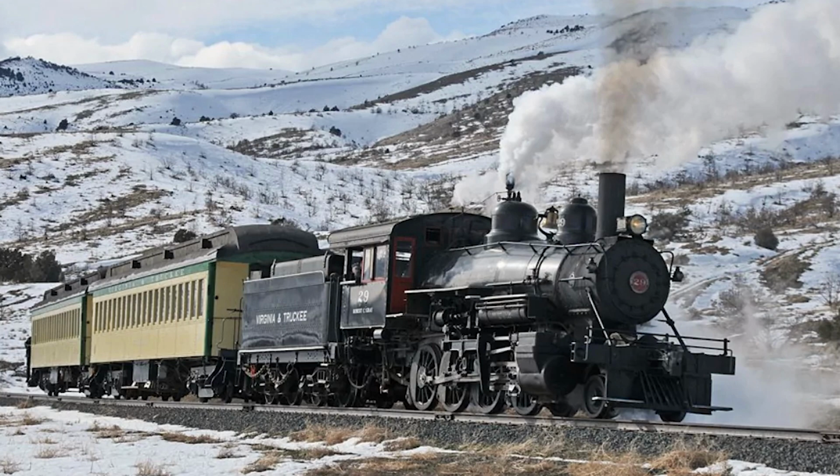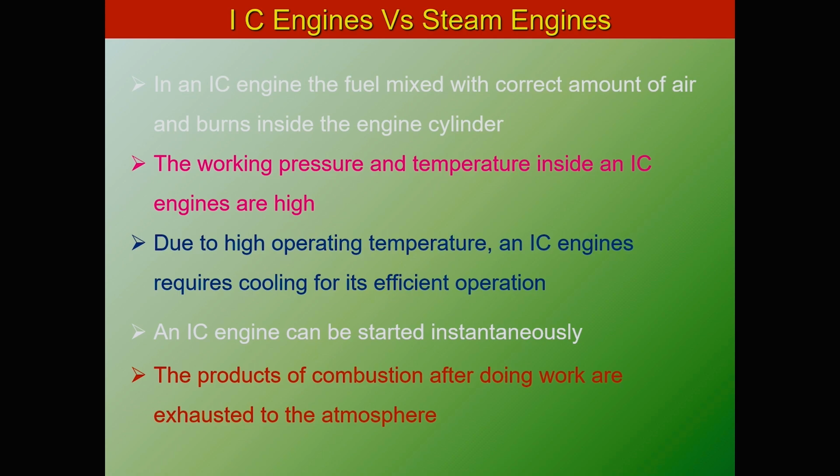After that only it will pass to the water, where steam will be generated, which takes another 10 to 15 minutes. Around 30 to 40 minutes is required to generate the steam itself. Then only the steam engine will operate. Otherwise it's not possible. But our internal combustion engine is not like that. Just give the self-starter and we can start the engine. Clear? That is the major advantage of the internal combustion engine.